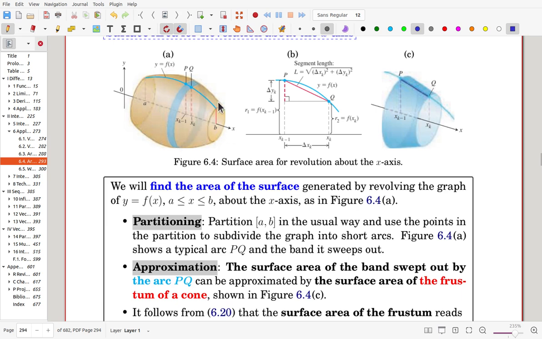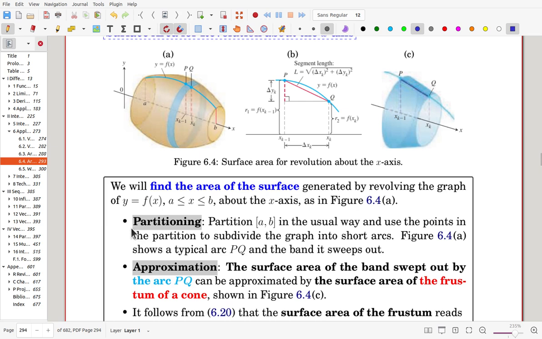Then this curve will make a surface, and we'll try to get the surface area. We'll use the same technique: partitioning, approximation, Riemann sum, and their limit.